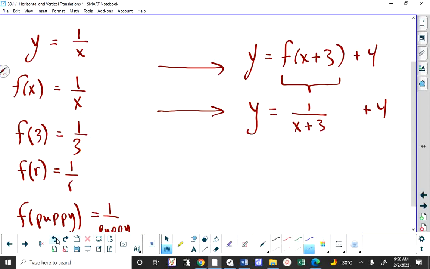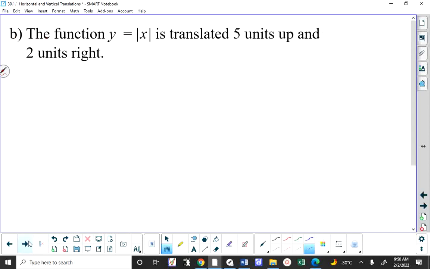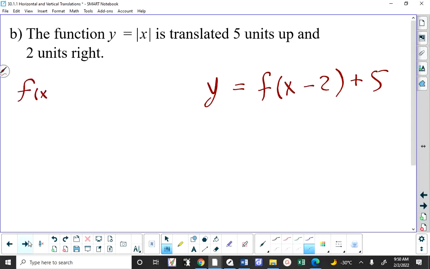Okay? When we look at this, y equals the absolute value of x, and we decided the new function was y equals f of x minus 2 plus 5. Did I get that right? In this case, f of x is the absolute value of x. So what f is, is the absolute value.